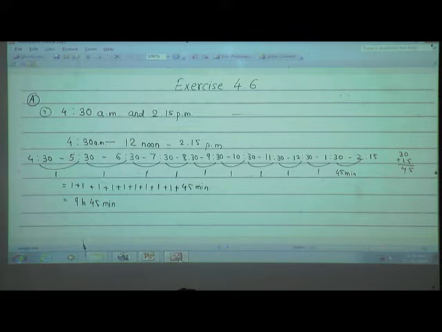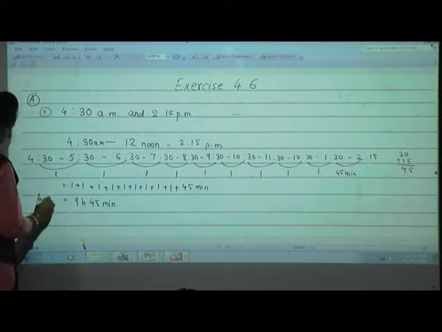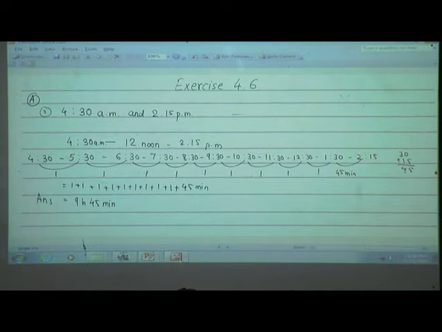Yes. But now in the second way shall we solve with method number 2? For method number 2 what you have to do, students? For method 2 you have to convert into the 24-hour clock system.